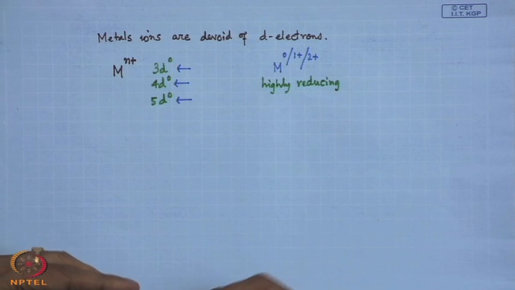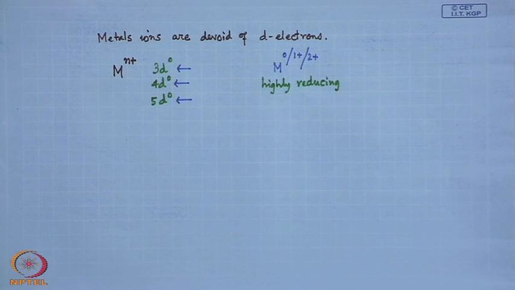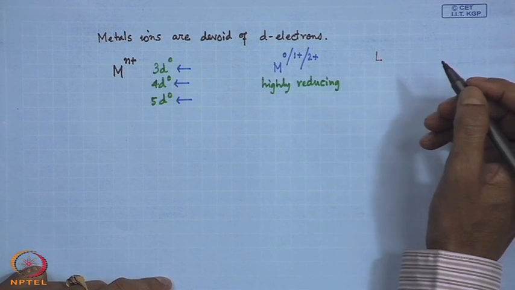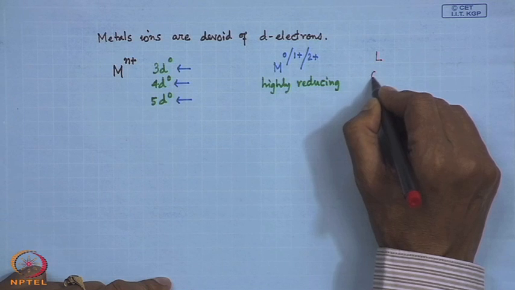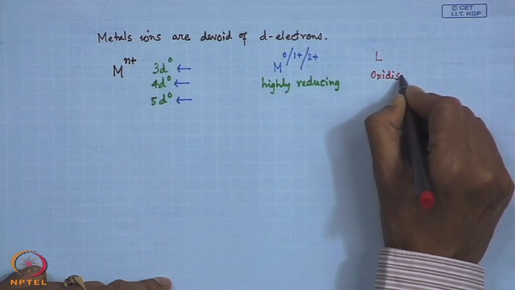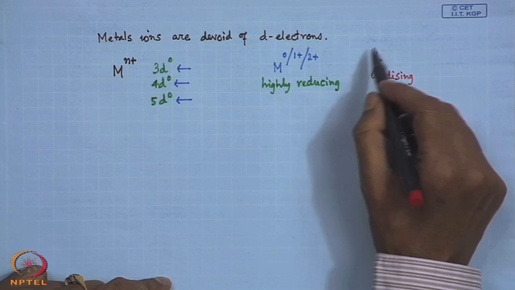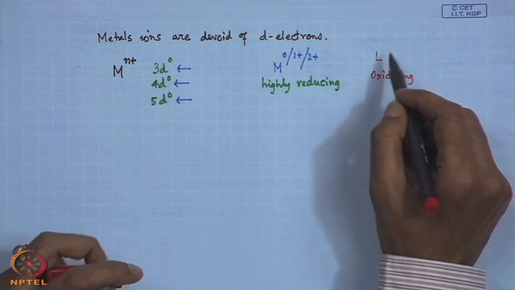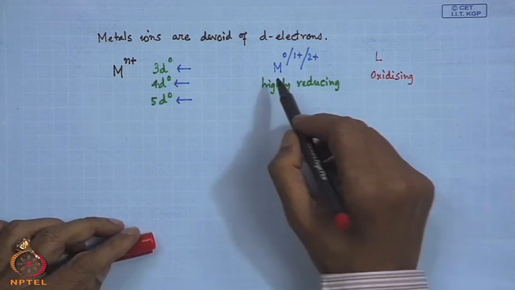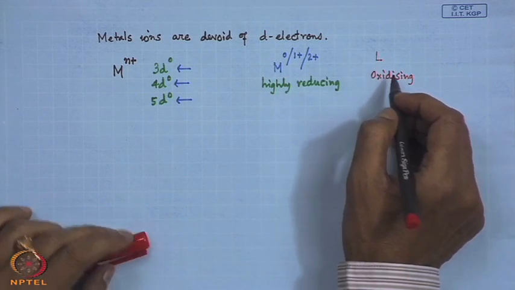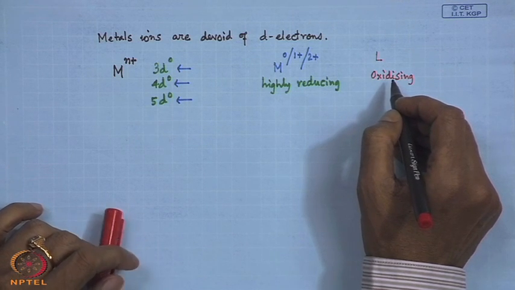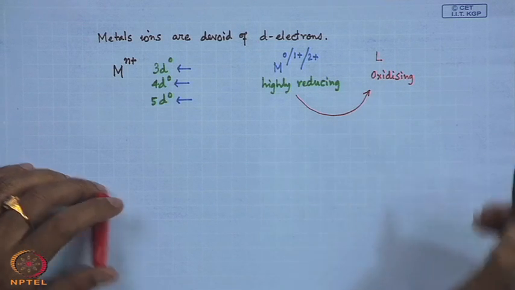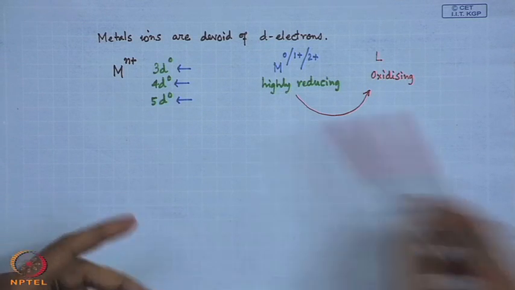That means they are of different character compared to the previous case, and if the ligand attached to them is of oxidizing nature, that means it has some vacant orbital which can accept electron density from the metal center, and as a result the charge transfer can take place in the opposite direction.